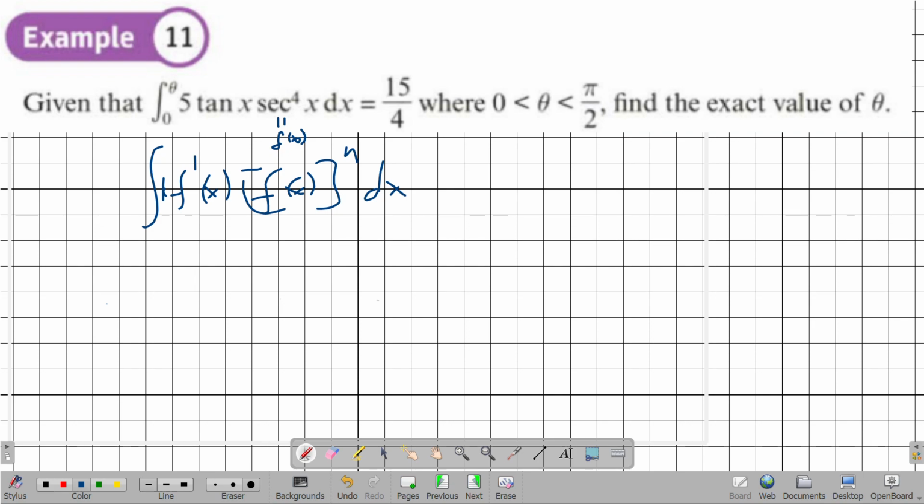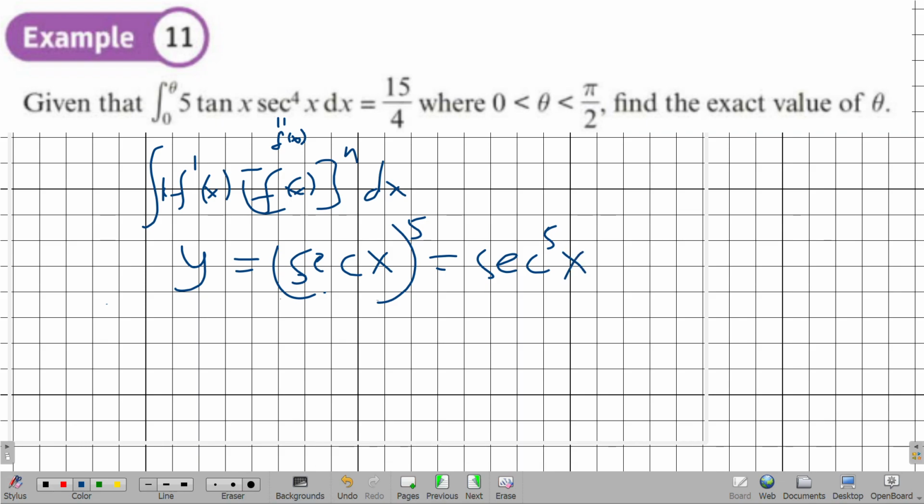All right? Now, what does this mean? That means our y, let's check with y, is going to be sec x to the power of 5. Or you can just write it as sec 5x. The notation is the same.